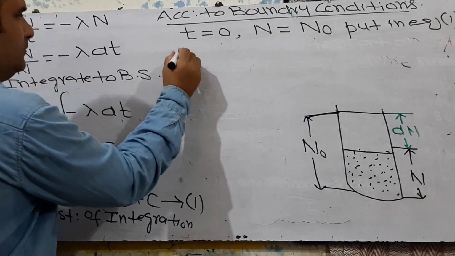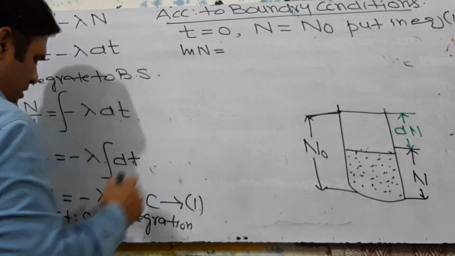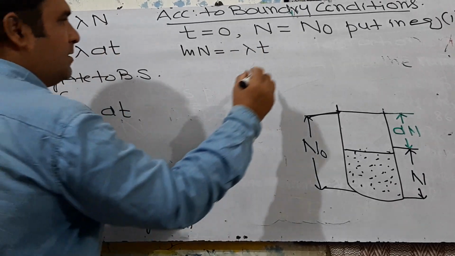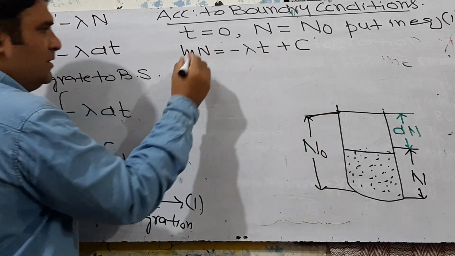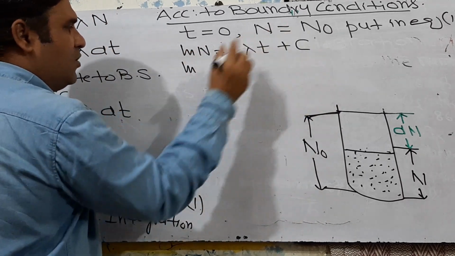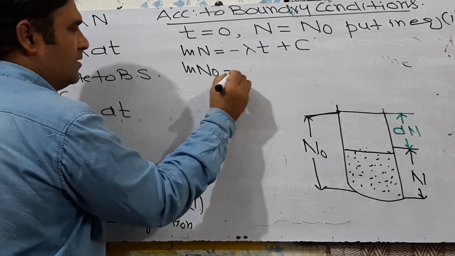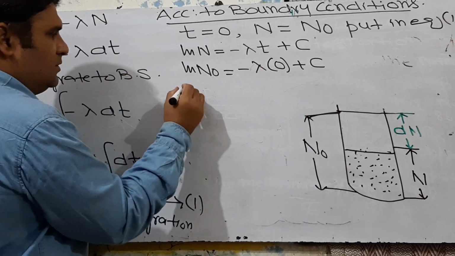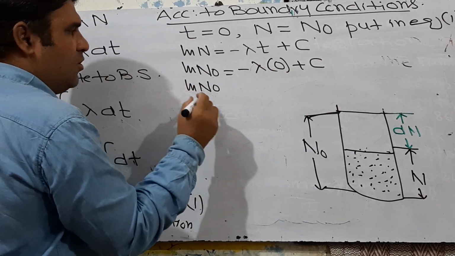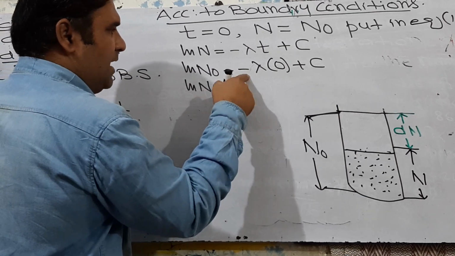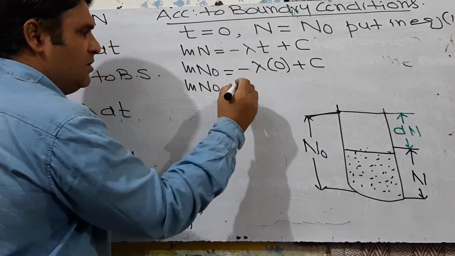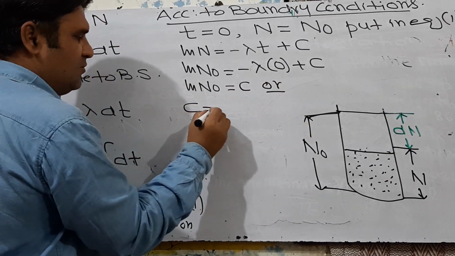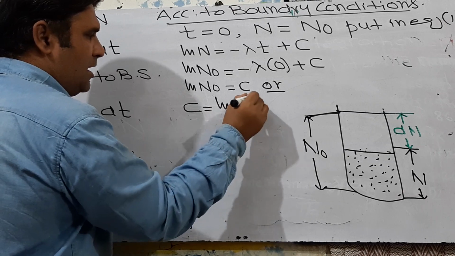So log N is equal to minus lambda t plus c. Log N naught is equal to minus lambda multiplied by 0, which will be equal to 0, plus c. So c is equal to log N naught.